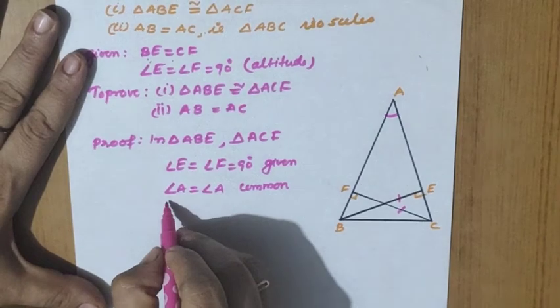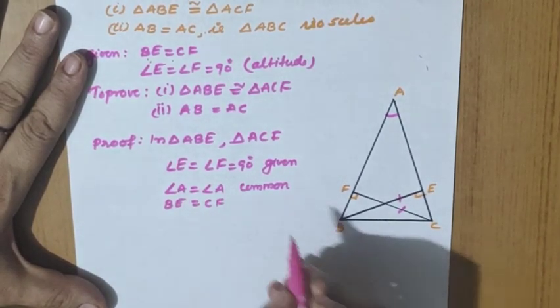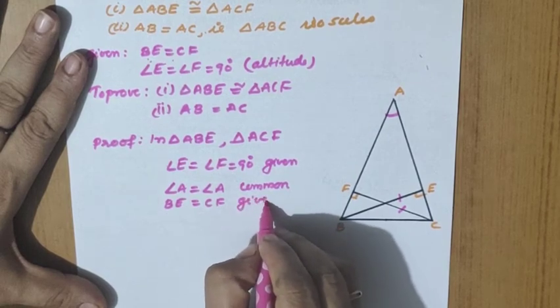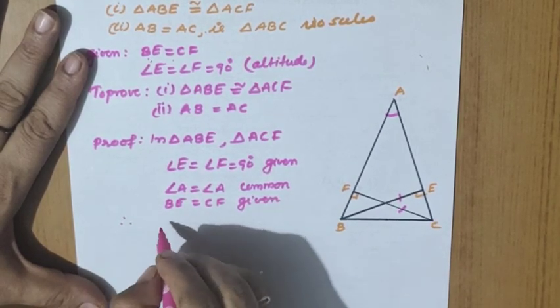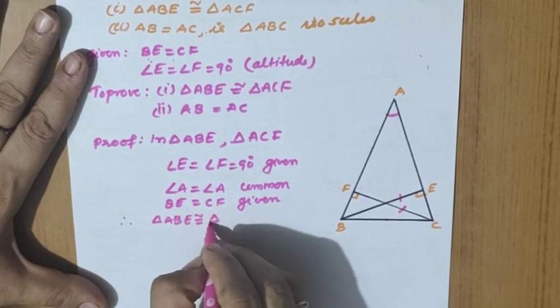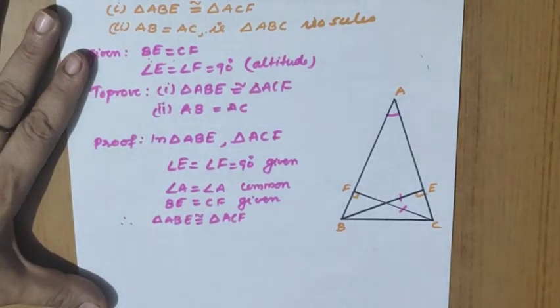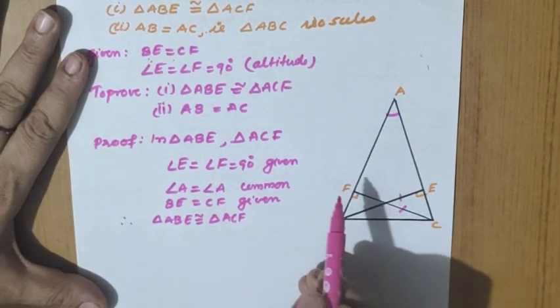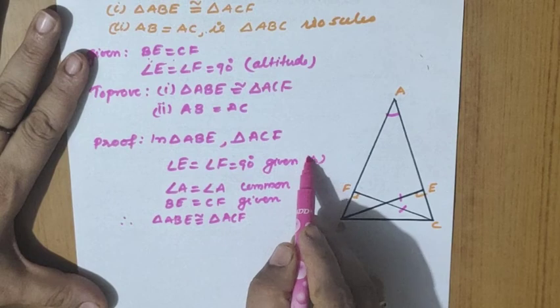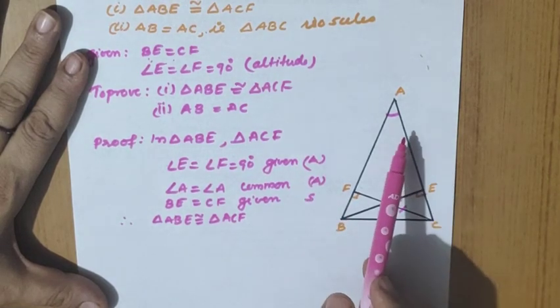So in triangle ABE we can write BE, and in triangle ACF we can write CF. So it is also given. Right. Now therefore triangle ABE congruent to triangle ACF. The order we can already write because it's already given in the question. Now the criteria is what? Angle, angle, side. Which angle have we considered?